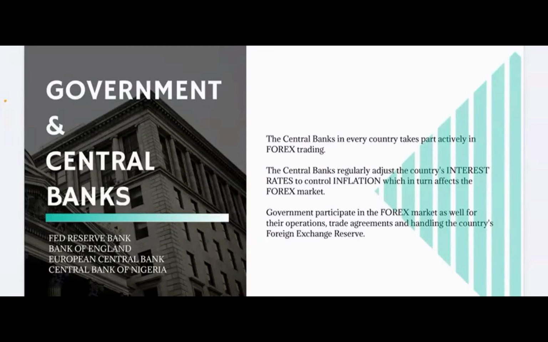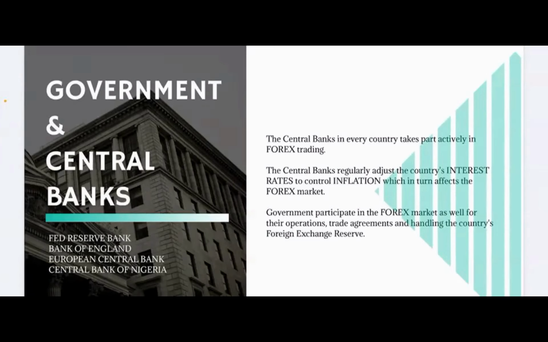So in a case where the country's inflation seems to be rising, the banks increase the interest rate, and then this affects the forex market. All of these are fundamentals.